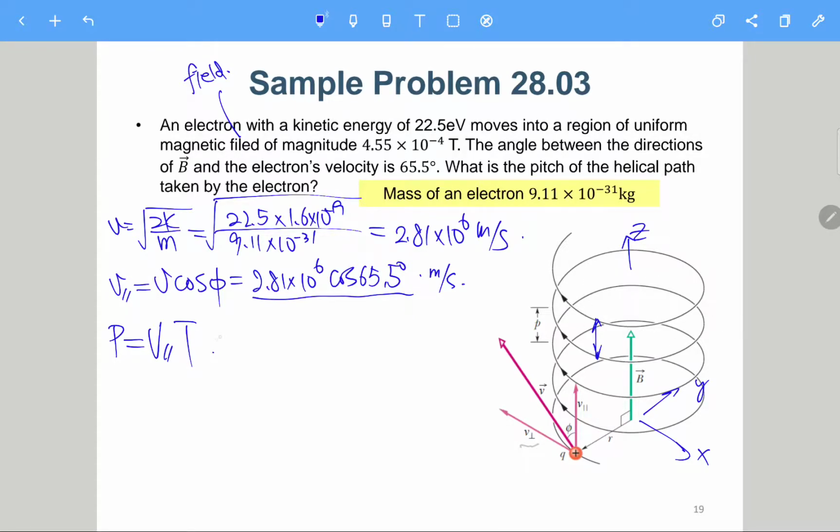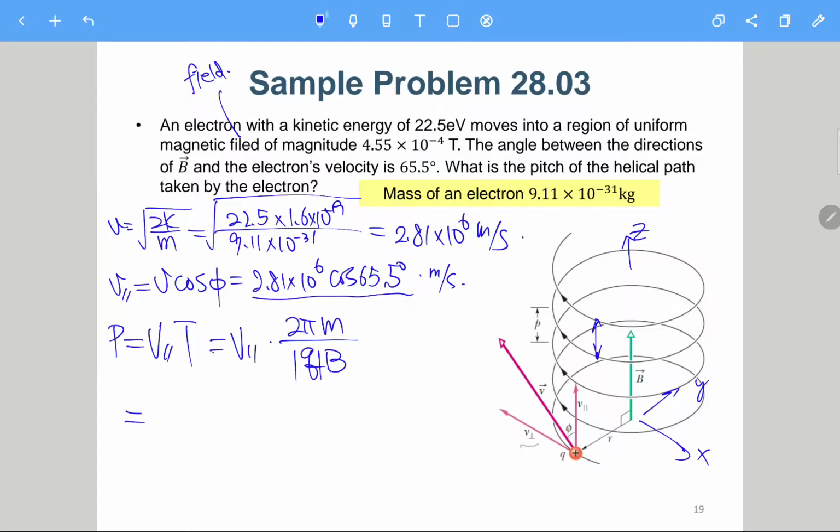It should be V parallel times 2 pi m over QB. This is the period of the circular motion.